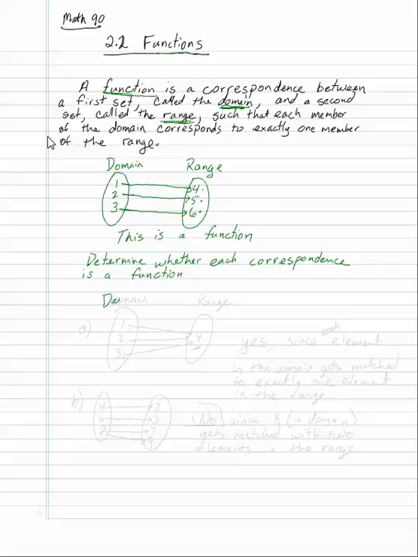So if I'm going to say domain 1, 2, 3, 4, okay, so 1's getting paired with 4, 2's getting paired with 4, 3's getting paired with 4. So the question is, does this relationship or correspondence describe a function? Is it a function? And the answer would be yes.